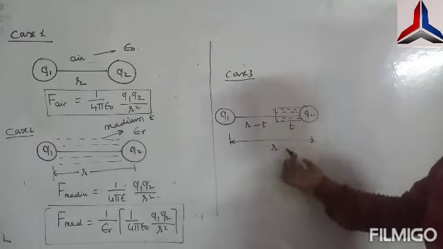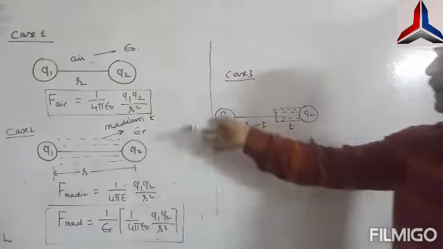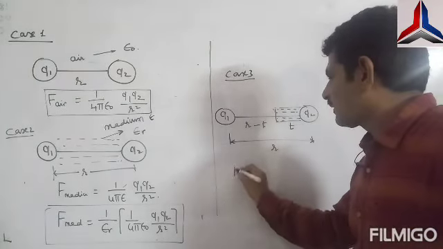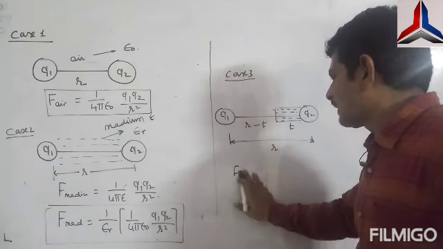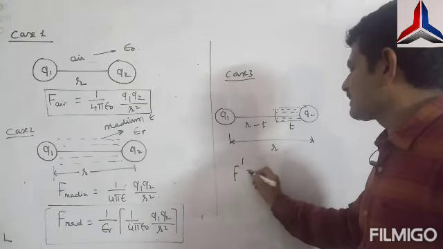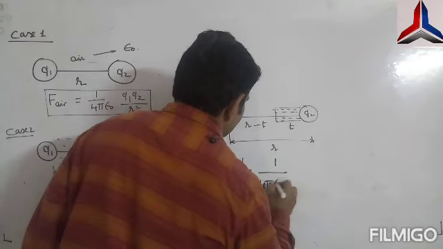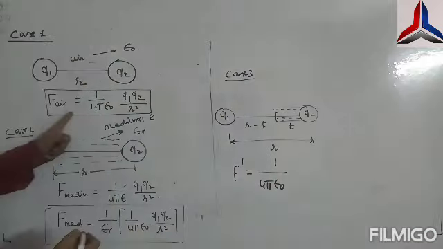So you cannot take either the first case or the second case. You must take something in between them. So there is one equivalent distance you can take. Let us say the force between them is F dash, 1 by 4 pi epsilon naught, like air you can take.